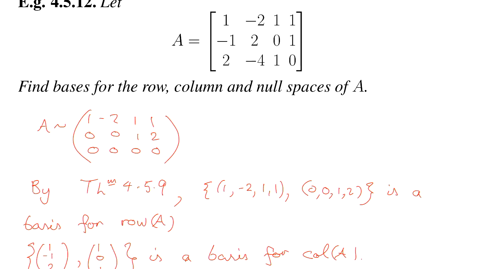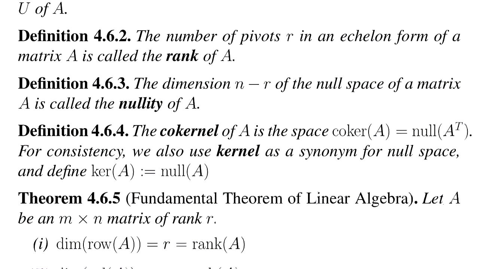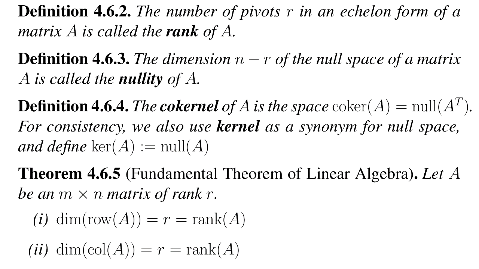Because in the row space case, it's all the non-zero rows. They're the rows that have pivots. In the column space case, it's explicitly all the columns that end up having pivots, okay? So this number of pivots is a very important number characterizing our matrix, and we therefore give it a name. We call it the rank.